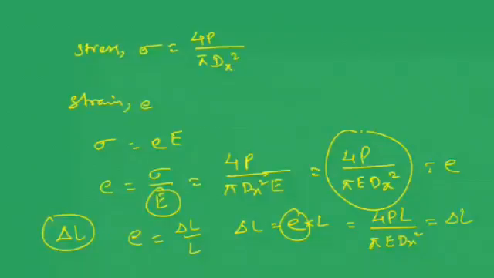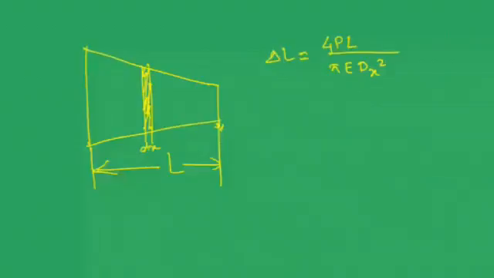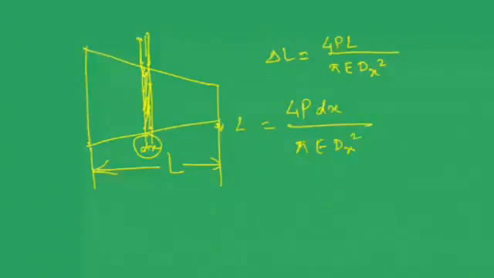So this will give me the elongation at the section. Now if you see the length of this section, this is the length of this section, isn't it? So this length is just dx. So I can replace it. I can write, instead of L, dx. So this is the elongation for the section here.